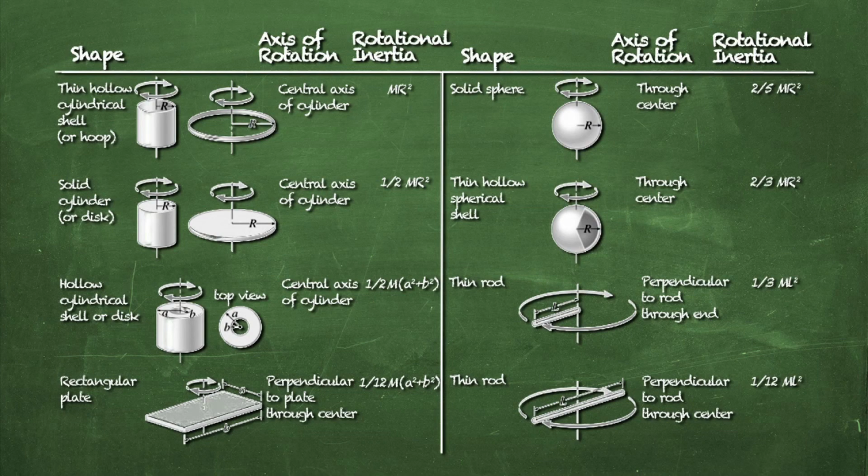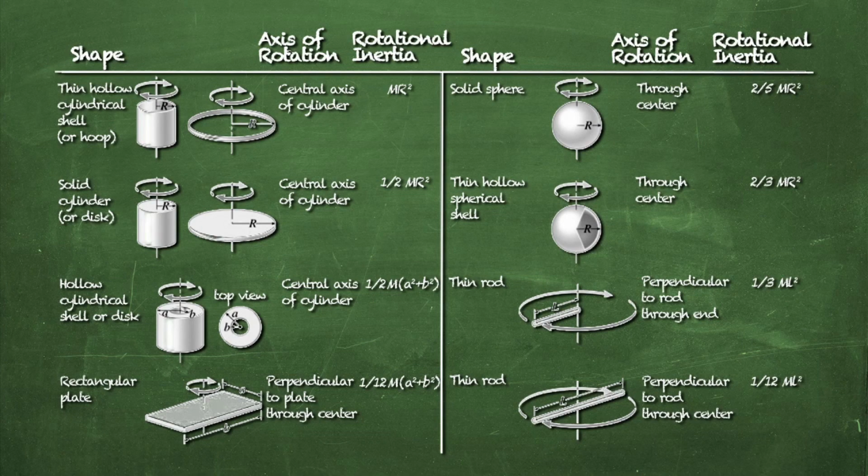Now, one object that we will work with in here, or you may work with in lab, is a solid sphere. You can think of a marble or a ball bearing or a pinball. That would be a solid sphere.